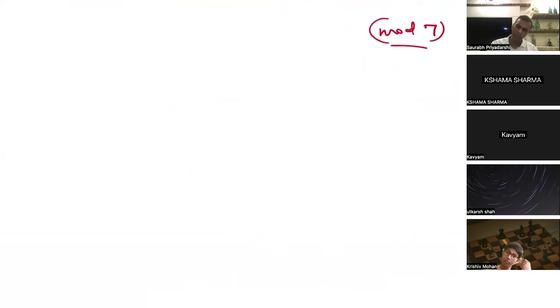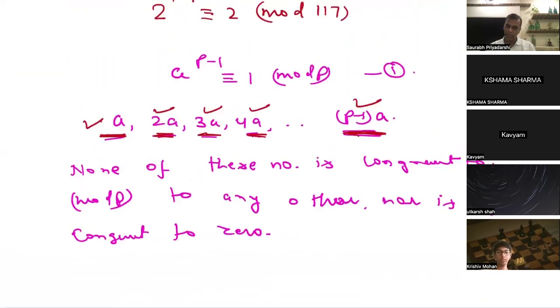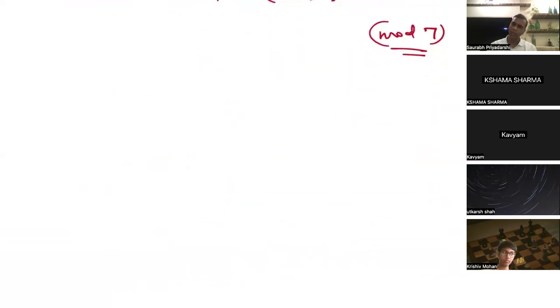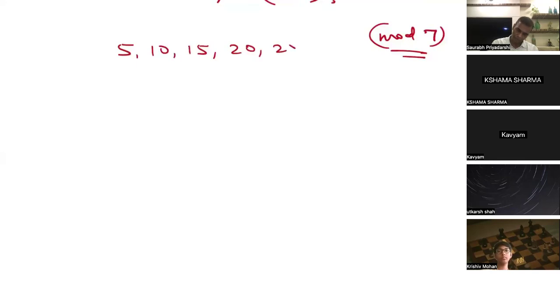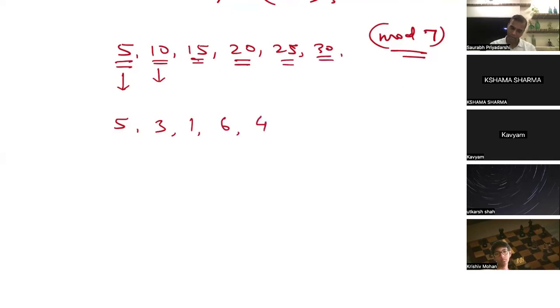Let me take an example with mod 7. Let A be 5, so the numbers are 5, 10, 15, 20, 25, 30. When I divide these by 7, I get remainders 5, 3, 1, 6, 4, 2.